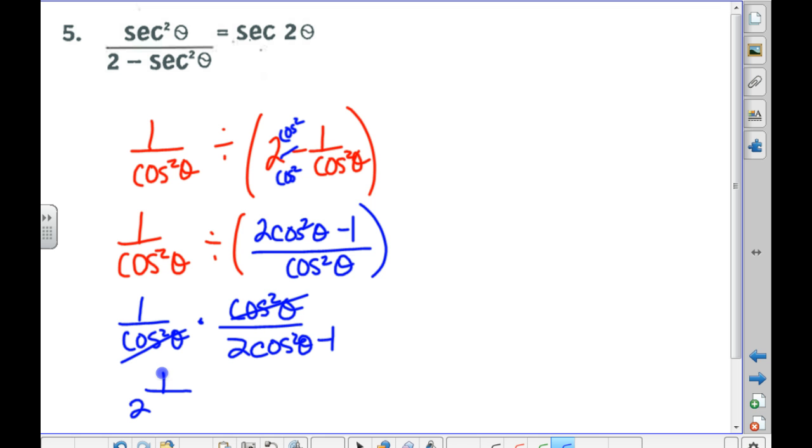So I have 1 over 2 cosine squared minus 1, which is a trade for cosine of 2 theta. And 1 divided by the cosine of 2 theta would be the secant of 2 theta. That was icky.